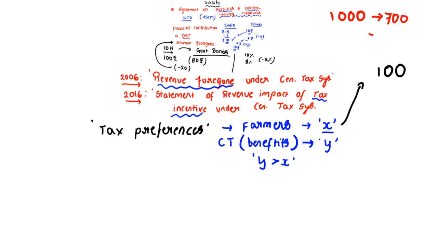So the revenue foregone here is 300 rupees. So that red color amount is corporate tax deduction, that is equals to Y. This black color amount is the 100 rupees that I am putting expenditure on farmers. You have to tell which amount is the high.